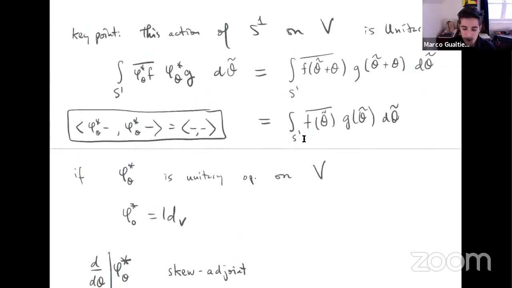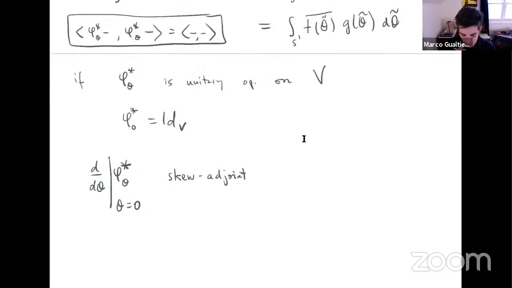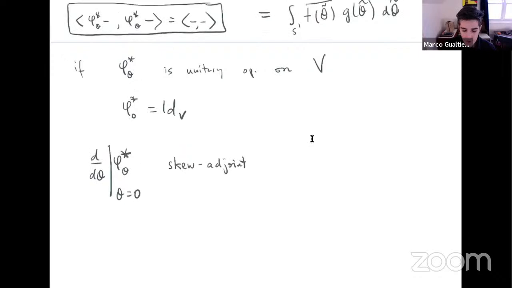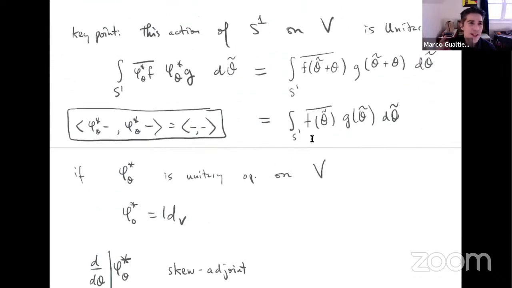And what is this? Well, if you think about this operator, it's basically shifting the argument of f. So let's say φ_t* f of θ is equal to f of θ plus t.